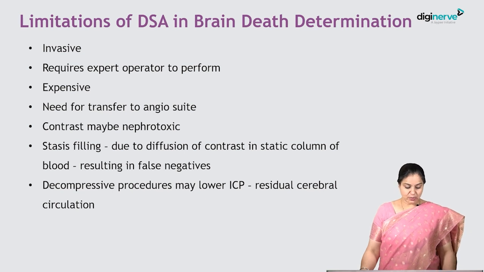It requires an expert operator to perform. Obviously, we need an interventional radiologist to perform a DSA. It is expensive and the patient needs to be transferred to the angio suite. That is again a very, very major issue in transporting unstable patients to the angiography suite from the ICU. Also, the contrast that we may be injecting may be nephrotoxic.